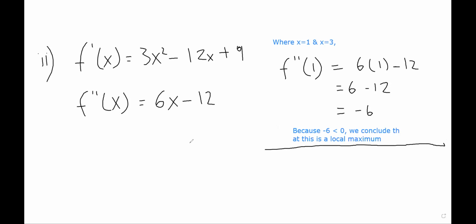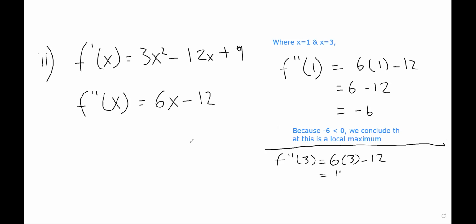So we say that f double prime, the other x value is x equal to 3, right? So f double prime 3 is equal to 6 times 3 minus 12. 6 times 3 is equal to 18.